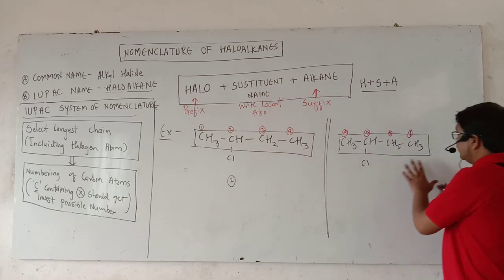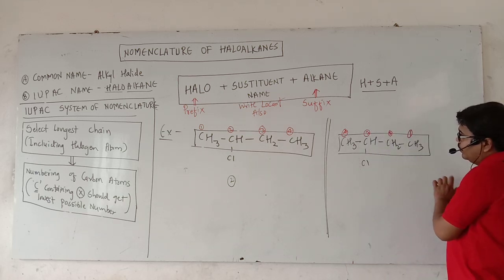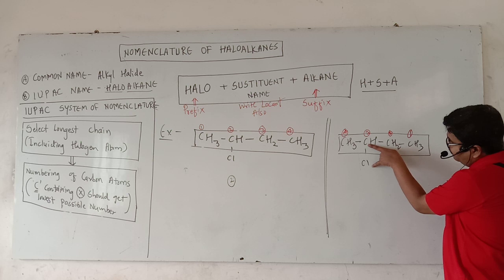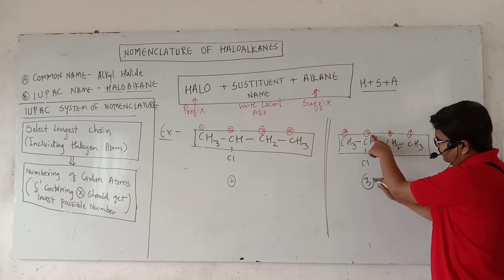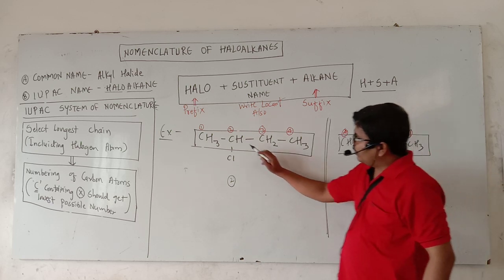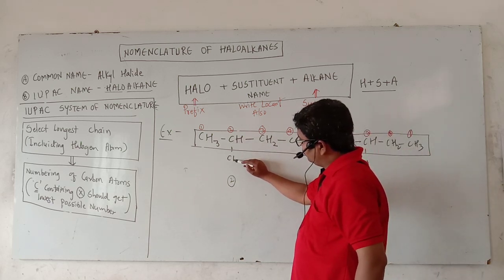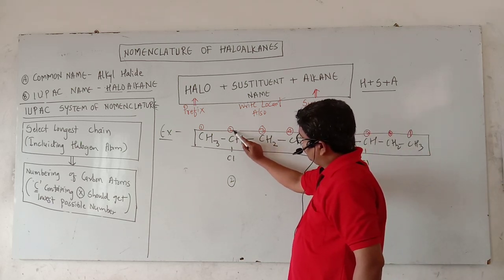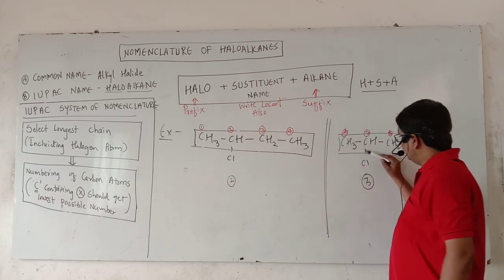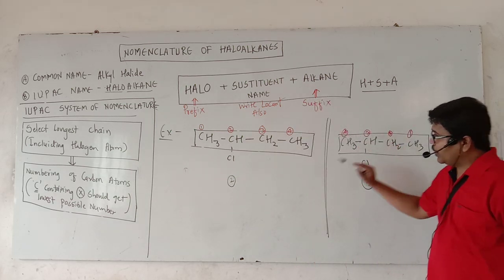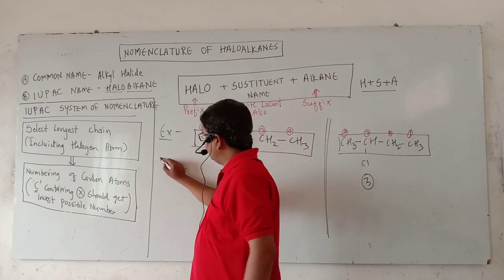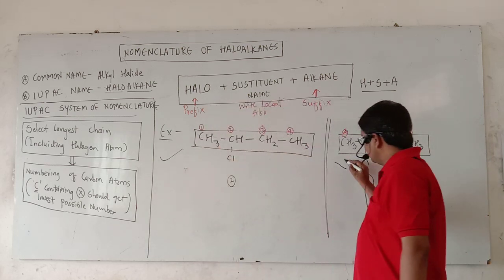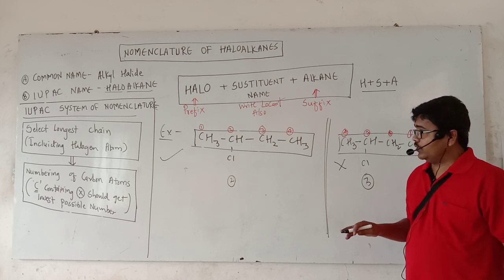And if we will do numbering like this from this side, then the carbon containing halogen atom gets number 3. Carbon containing halogen number 2. Carbon containing halogen number 3. Out of 2 and 3, which is the lowest number? 2 is the lowest number. So this numbering is correct and this numbering is incorrect.